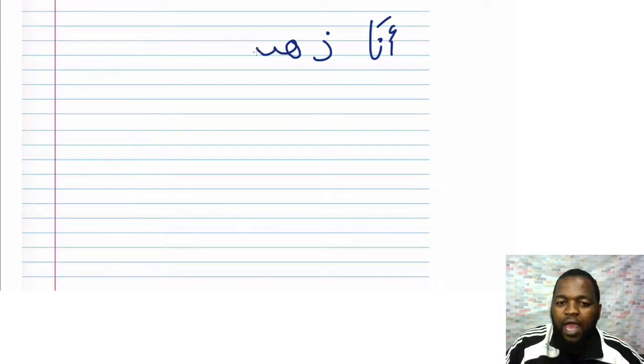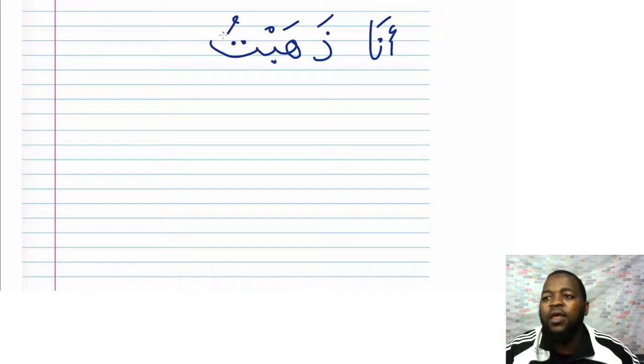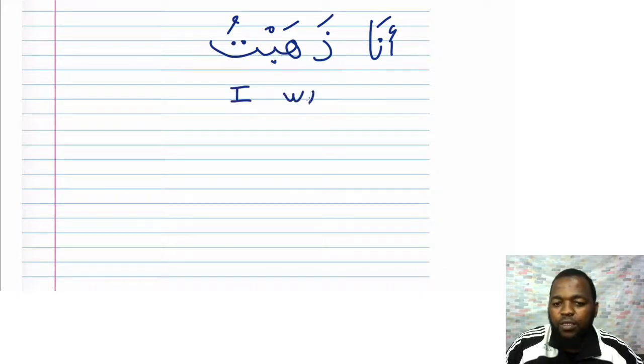Now, in terms of the difference in meaning between a verbal sentence and a nominal sentence, I can say أنا ذهبت, which means I went.